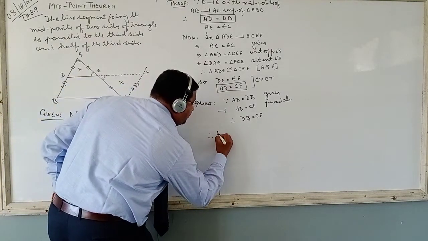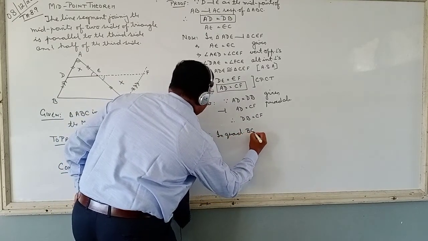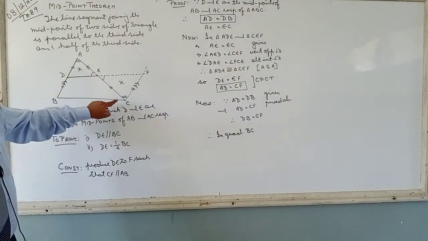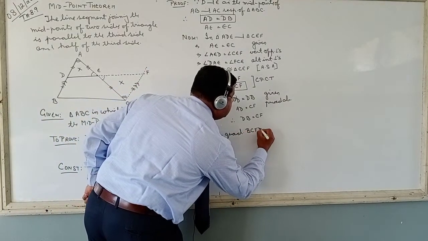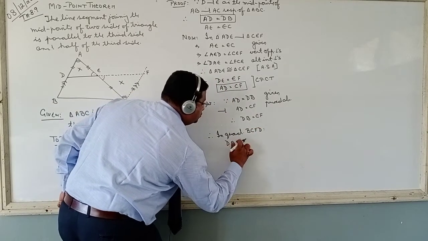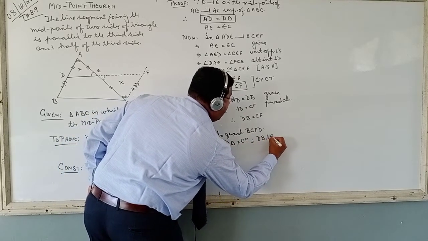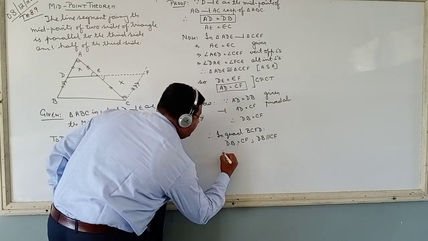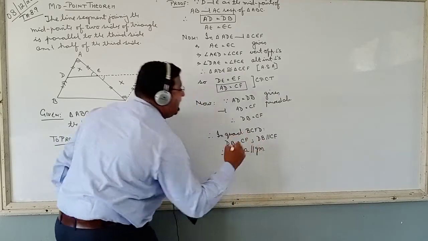So therefore in quadrilateral BCFD, DB is equal to CF and DB is parallel to CF. So therefore it is a parallelogram.